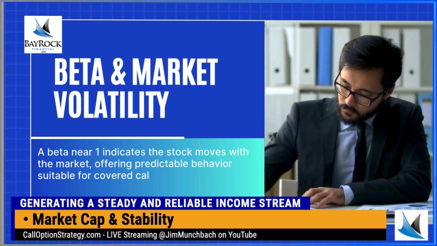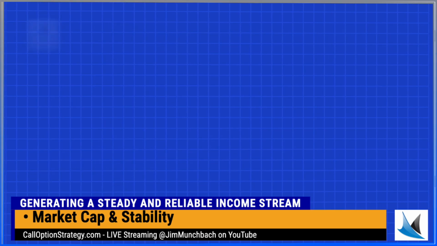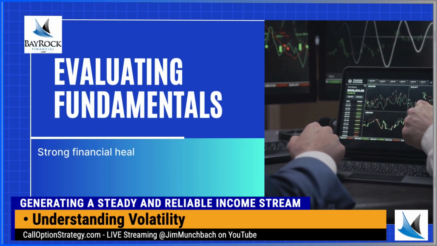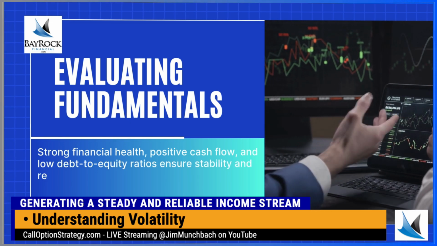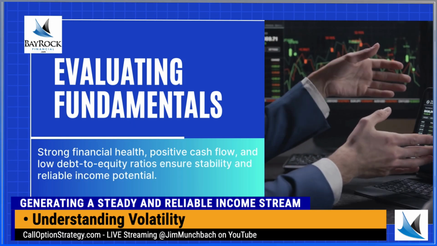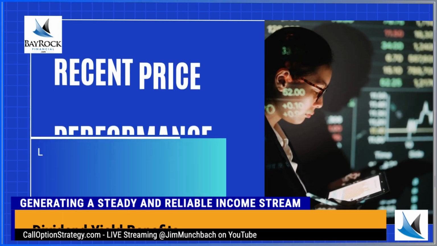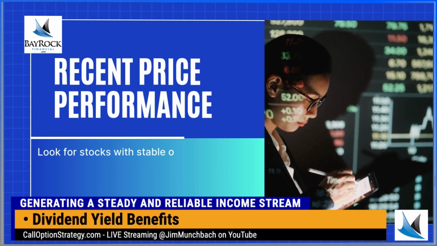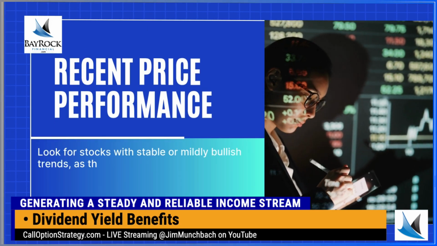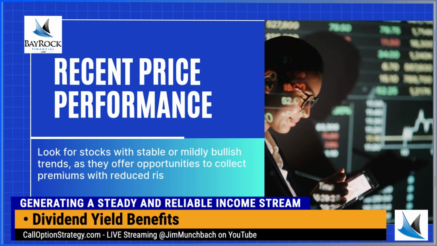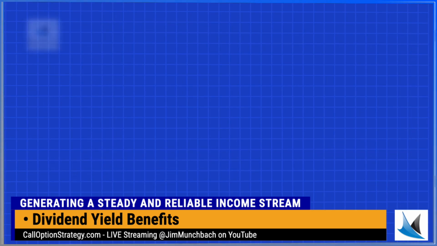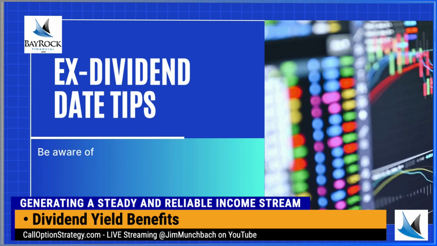Beta and market volatility, I didn't really talk about that a lot, but it is an important thing to understand, and I kind of brushed over it, but I'll cover it again and again. Anything you want me to talk about more, just leave a comment, let me know, and I'll be happy to do a tutorial. Recent price performance, again, that's important, because if the stock is in an upward movement, that's important to pay attention to.